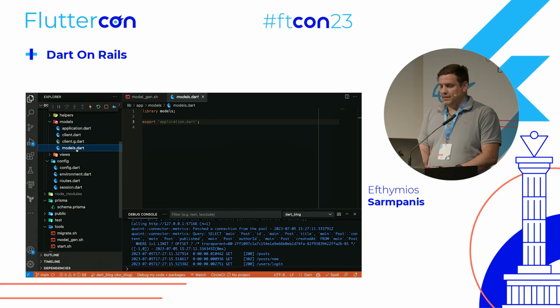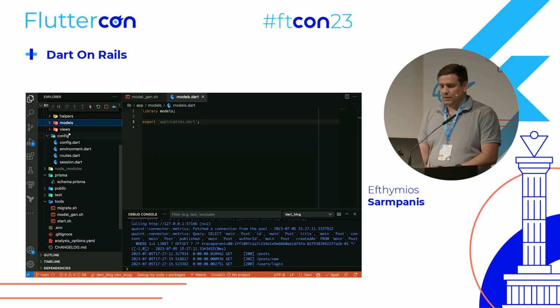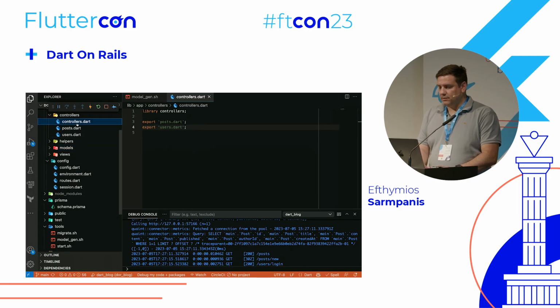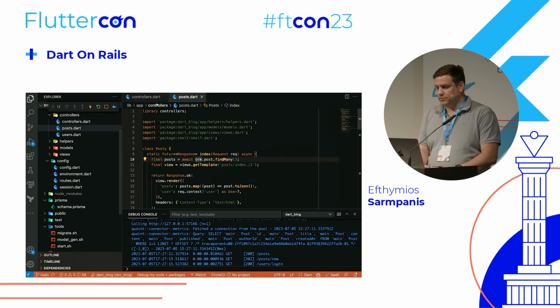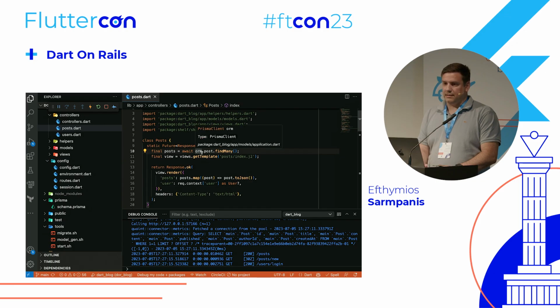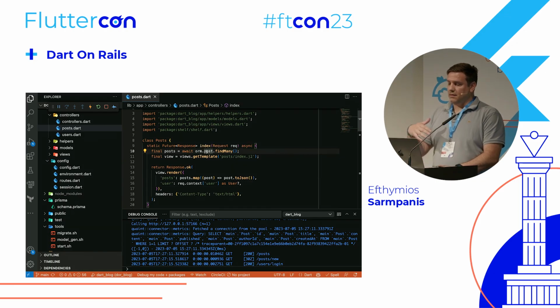We also have these models, which is the rollup file for the models library. So basically, if we go back to the controllers, sorry, the posts. And in the index, so this ORM is the client. And because the client is generated, it also provides us, okay, what do you want me to do? I want to do something with the post, so I access the post part of it.